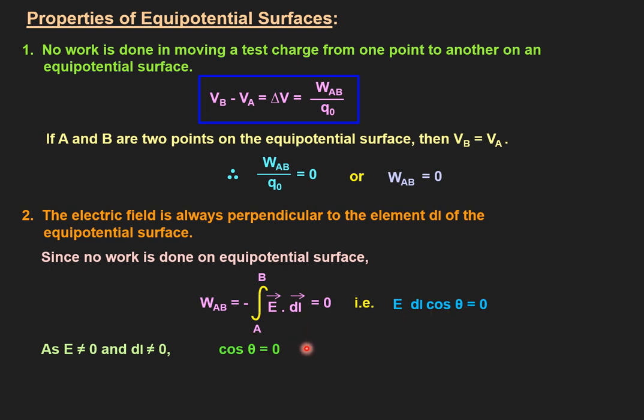Now think: when is cos theta 0? When theta is 90 degrees. Theta is the angle between the electric field and the small line element on the equipotential surface. That confirms that the electric field will always be perpendicular to the given element on the equipotential surface.